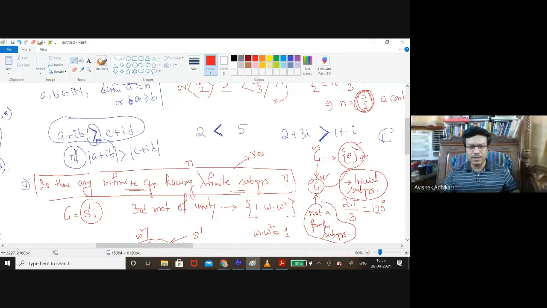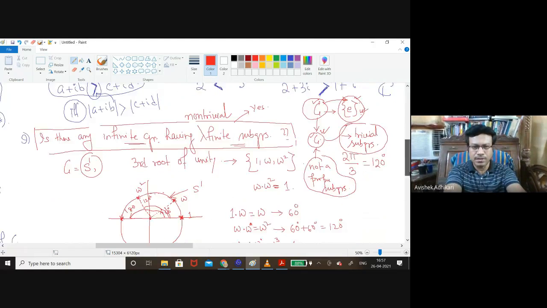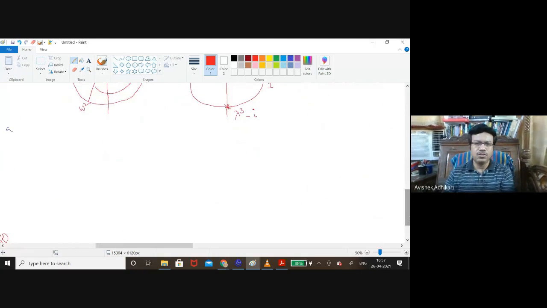So if I ask you this question, any infinite group having a non-trivial finite subgroup, then your answer cannot start with G and E, because then E will become a trivial subgroup. So in that case, consider the example that somebody has already given.